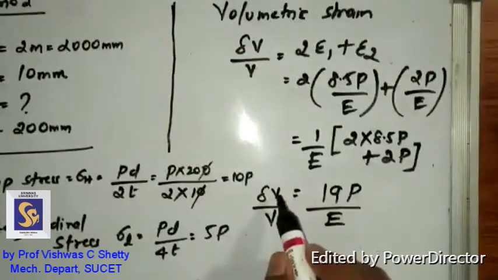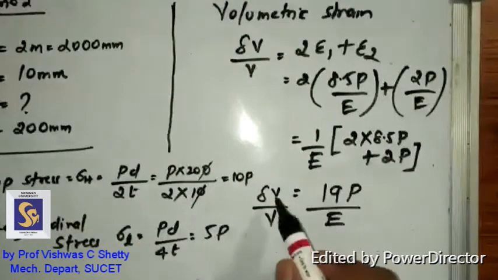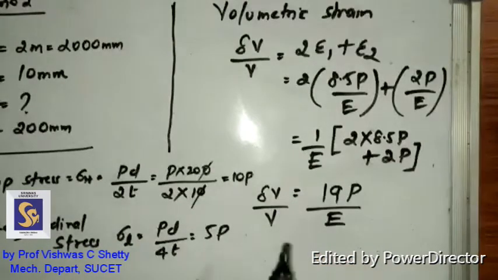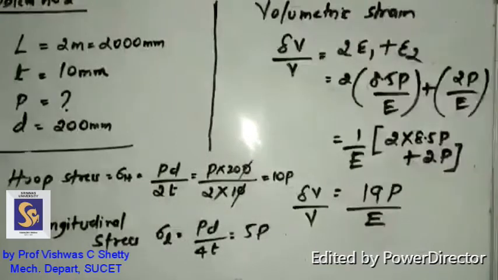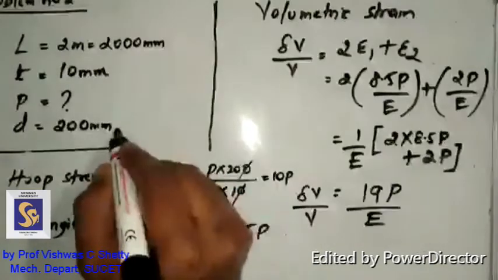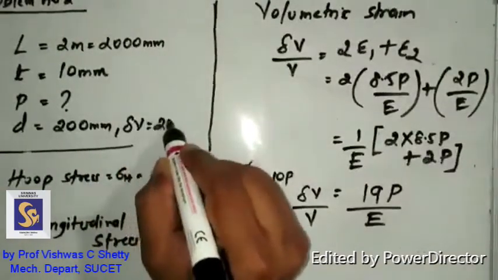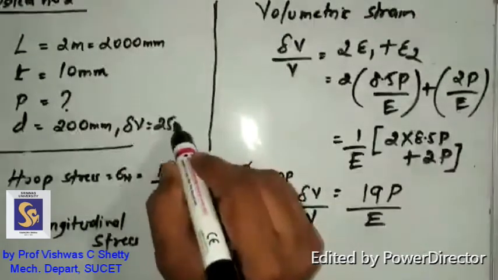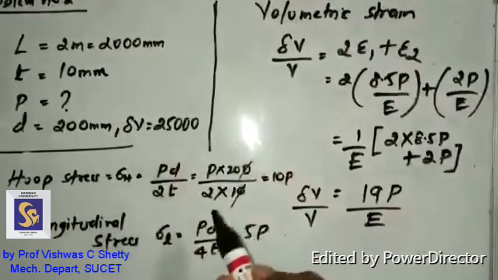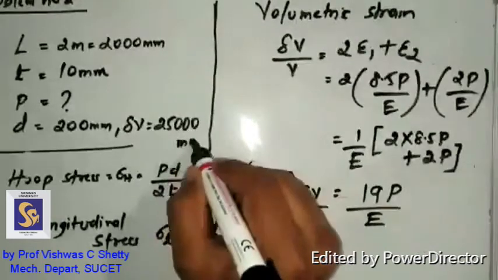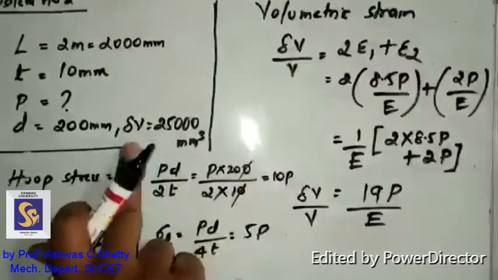Okay, change of volume. Why we are doing this is because in the question they have told us that an additional volume of 25,000 millimeter cube is added by the pressure. So this is the change of volume, delta V, given in the question.